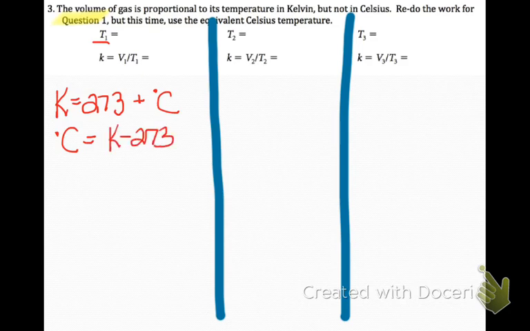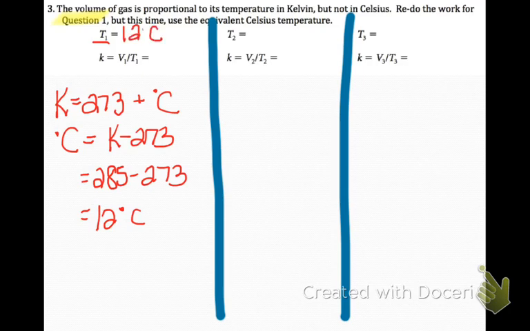If you forget the 273, you forget the equation, don't forget that this is on Table T. So when I plug this in, going back to question number 1, T1 was 285 Kelvin, so I'm going to do 285 minus 273, and that means my Celsius is going to be 12 degrees Celsius. All right, so I'll plug that in.